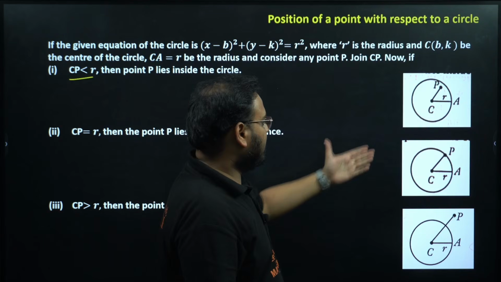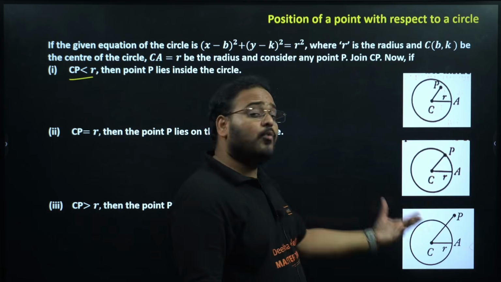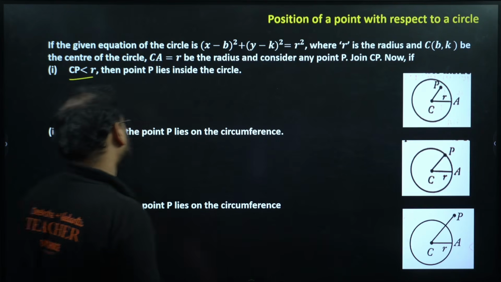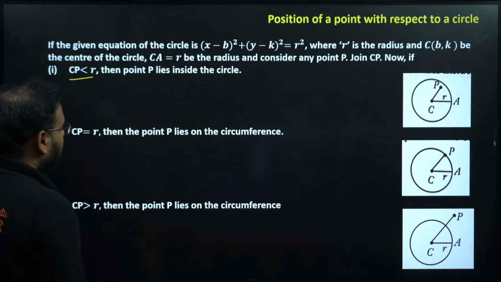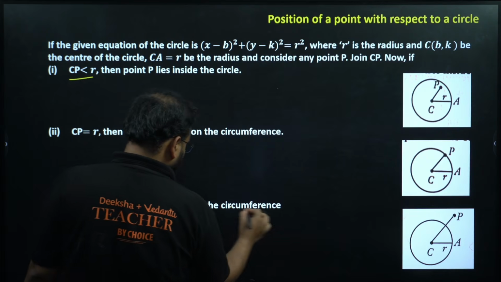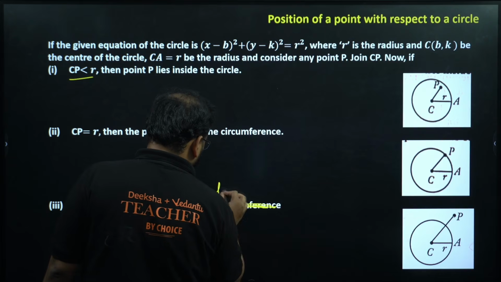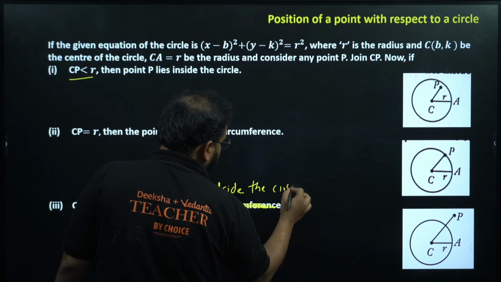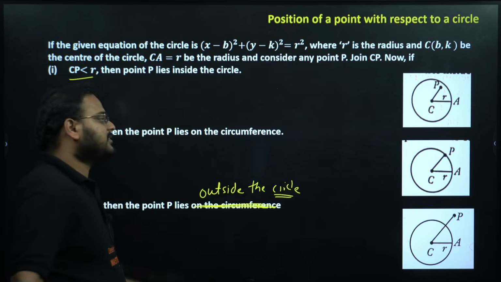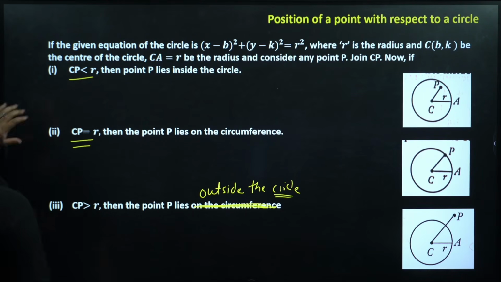When CP is equal to the radius, the point lies on the circle, and when CP is more than the radius, the point lies outside the circle. Sorry, that was a typing mistake on the slide. On the circumference, you'll have CP and R equal.